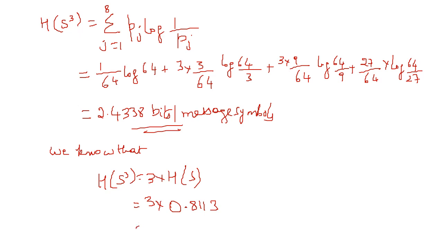So if you substitute and multiply, it is equal to 2.4339. So what is this value? It is nothing but H(S to the power of 3). So hence we can write that H(S cube) is 3 into H(S). Hence this verification, or it is proved.